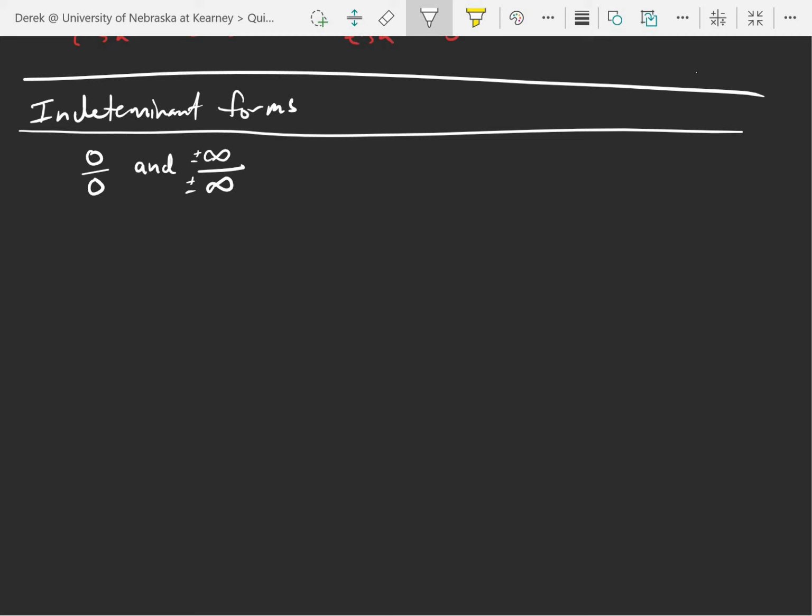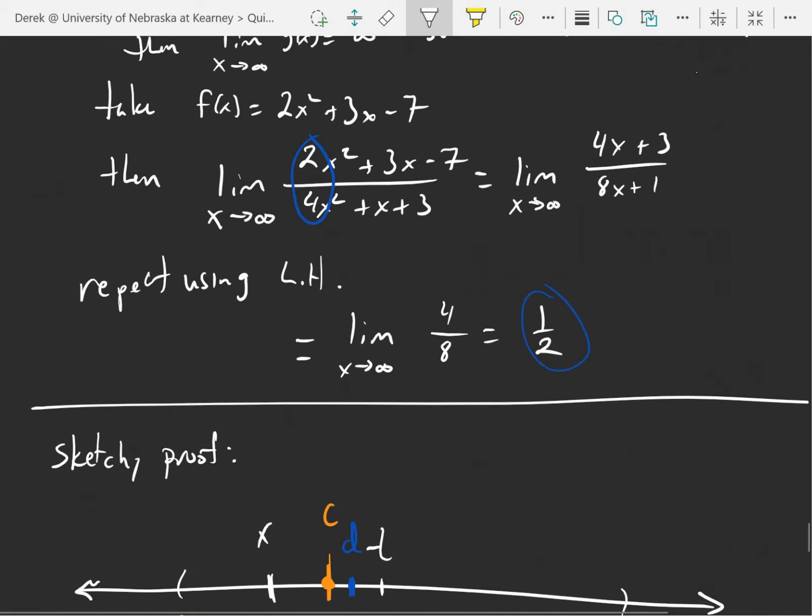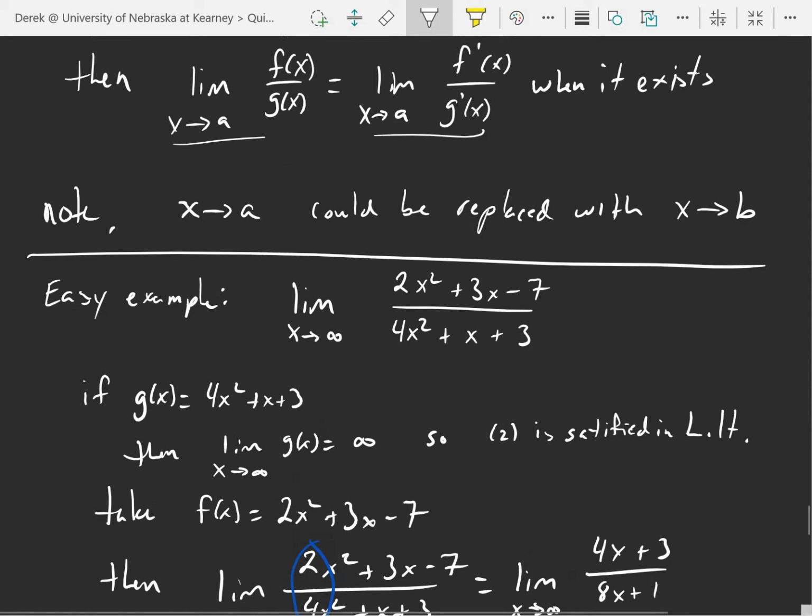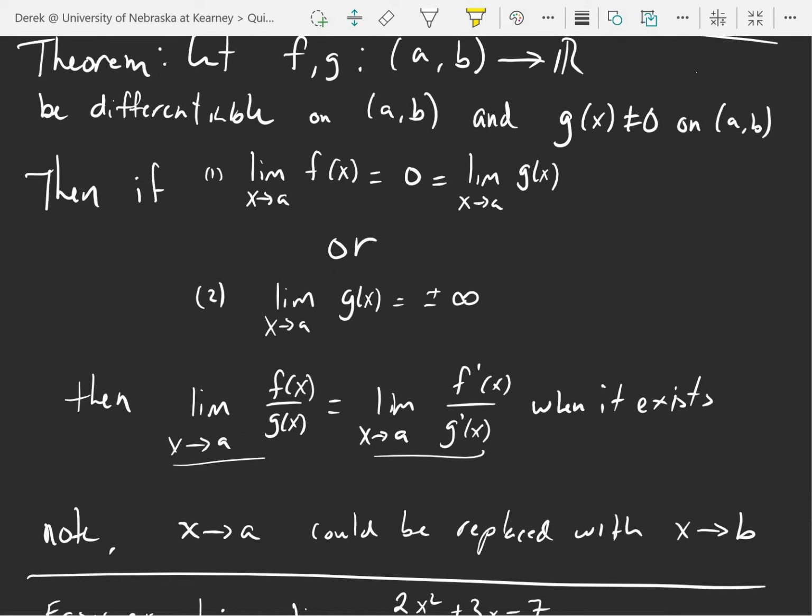So these are our two base forms of indeterminate forms: right here, this is your 0 over 0 form, and this is your infinity over infinity form. We can use it when there's something not infinity on top, but the only time that it's indeterminate is if it's infinity over infinity.